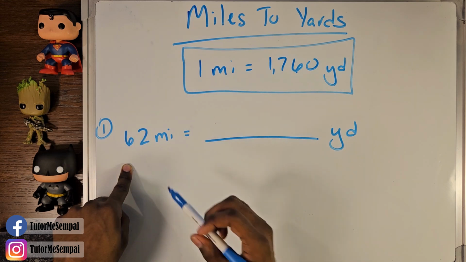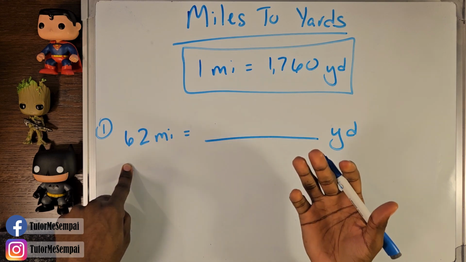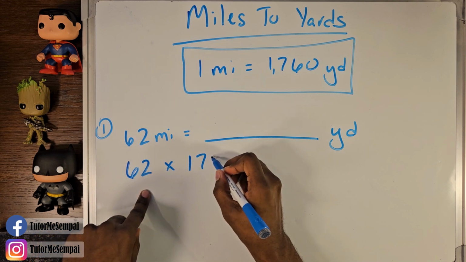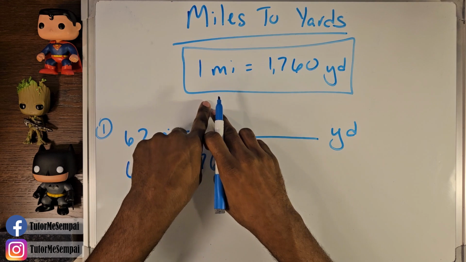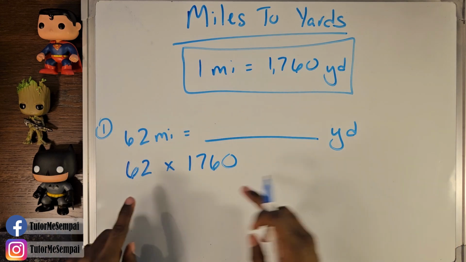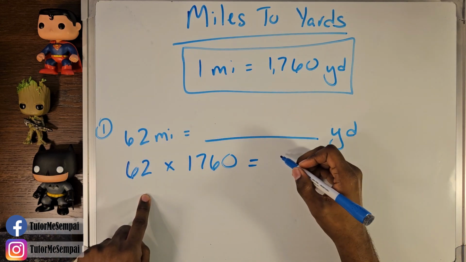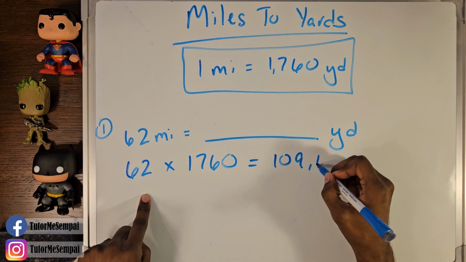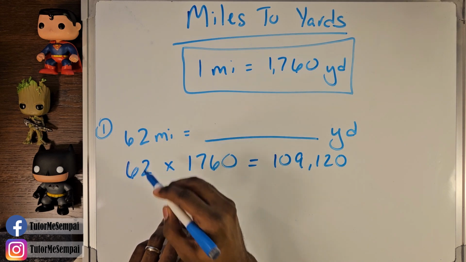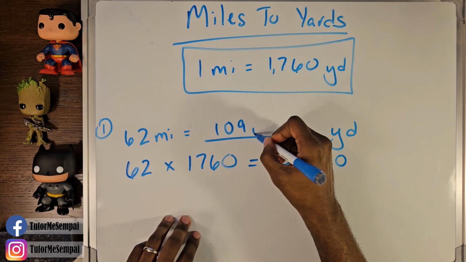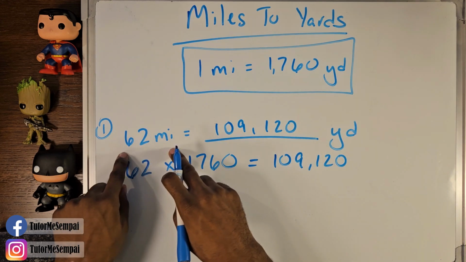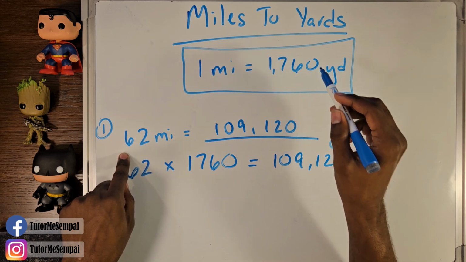We have 62 miles. That lets us know that we want to multiply. So we want to multiply our 62 times our 1,760 because we have 62 of these miles and each one equals 1,760. So by doing this multiplication, you will get 109,120. That lets us know that whenever we have 62 miles, we're going to have 109,120 yards. We're going to take our total amount of miles and multiply it by that same 1,760.